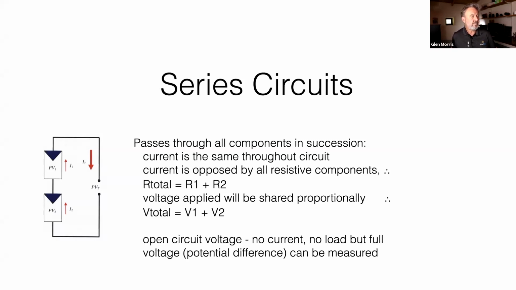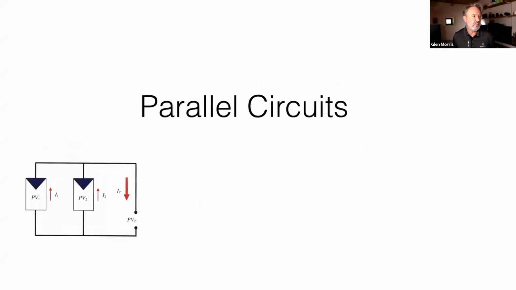Parallel circuits are when you connect panels with the same poles together. So the positives are connected together, the negatives are connected together. And here I've shown a very simple parallel circuit where I've only got two panels. What happens here is the voltages stay the same. It's known as Kirchhoff's voltage law. At that point where they join, the voltage has to be the same.